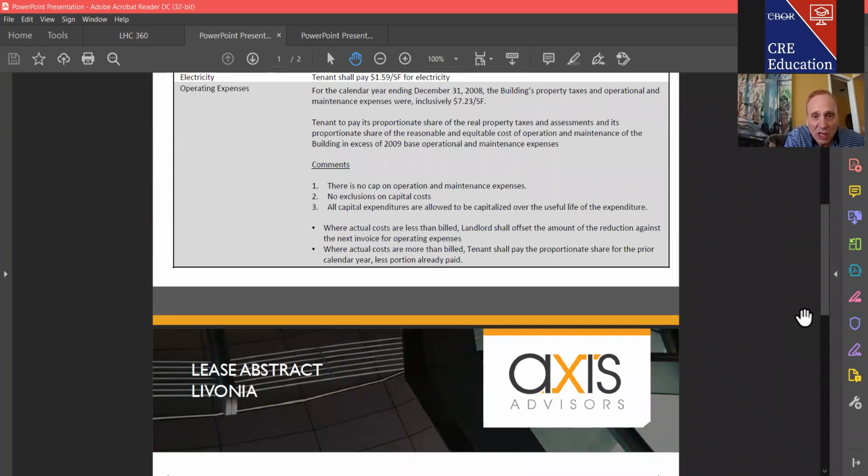Okay, comments. So no exclusions on capital costs. You always got to ask for that at this point. Where that will end up is that we will agree to, if it's municipally mandated, that doesn't happen usually. If they're changing the handicap law that comes up, that's municipal. Or if it has to deal with, I'm getting a mental blank at the moment.